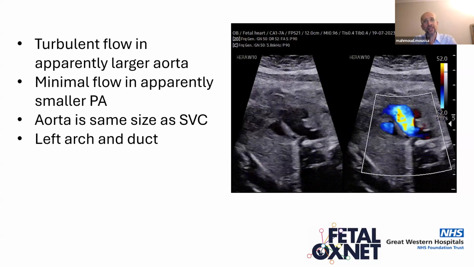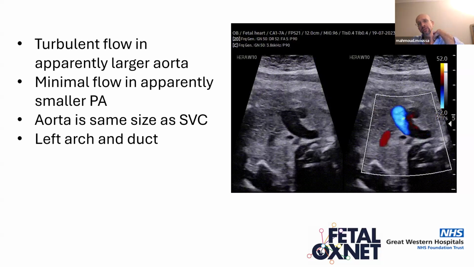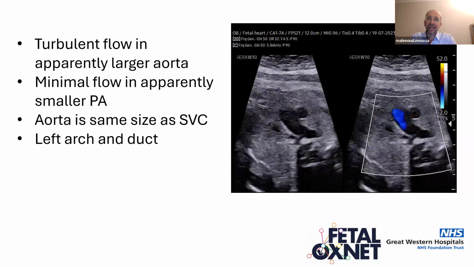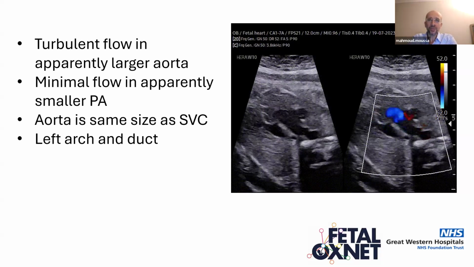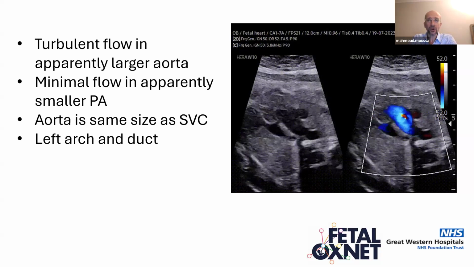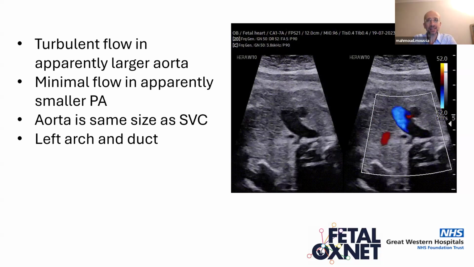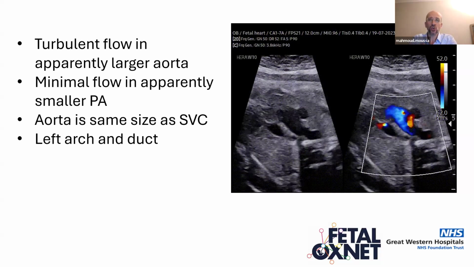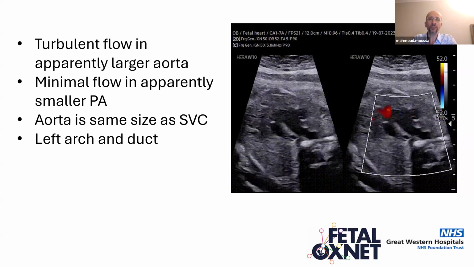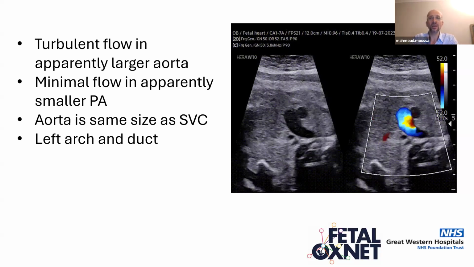And if you can see, there is barely any flow in the pulmonary vessel. Again, always be careful of the wrong way of using your color Doppler, because we are on axis here, we're not off axis, so there is no flow across the pulmonary, and we are happy that this is an appropriate assessment.